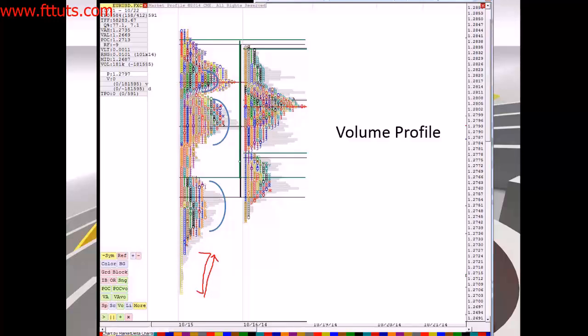So whenever you have a very skinny, narrow area, that's an area of imbalance, and then you have to look at the outcome as to what happened to price in the market after these areas of imbalance. And that'll give you an idea about who was the dominant force, whether it was the seller or the buyer. And again, that's why the volume profile is more meaningful, because it shows me the weight that was put behind the activity, not just the activity.